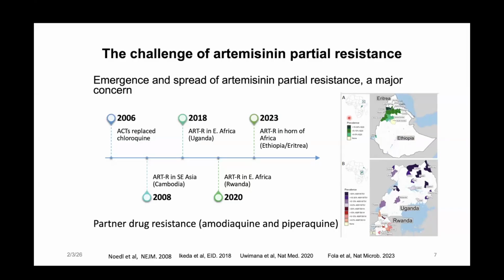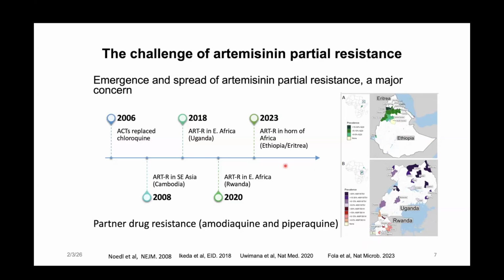Rwanda, and an independent emergence of these mutations was also observed in the Horn of Africa, particularly in Eritrea and Ethiopia. And so therefore, artemisinin partial resistance is now a concern, not only in Uganda alone, but in a number of countries in Africa.